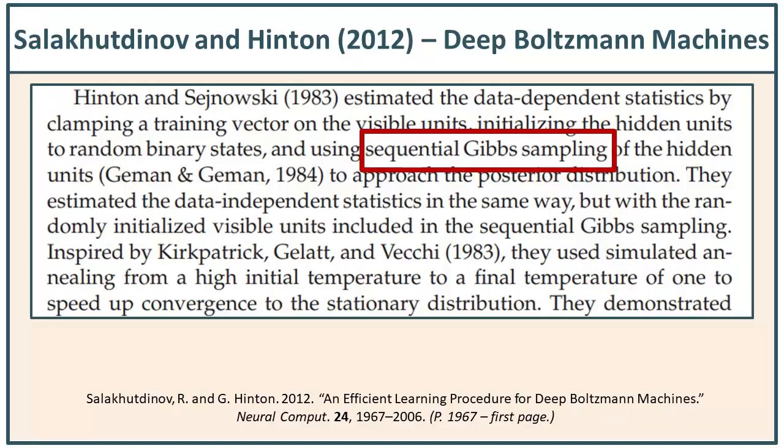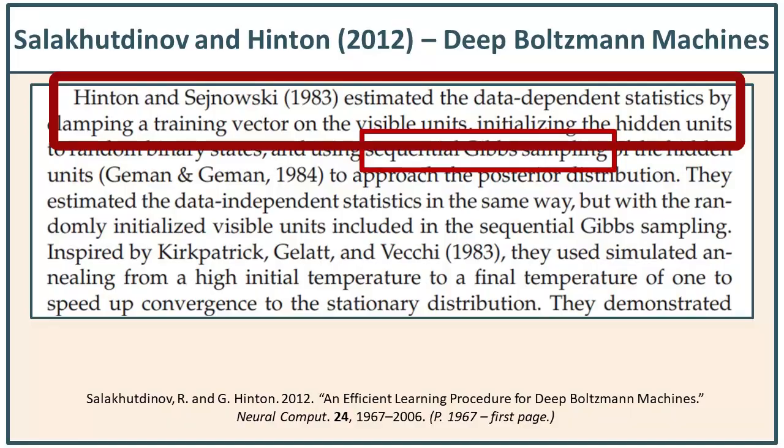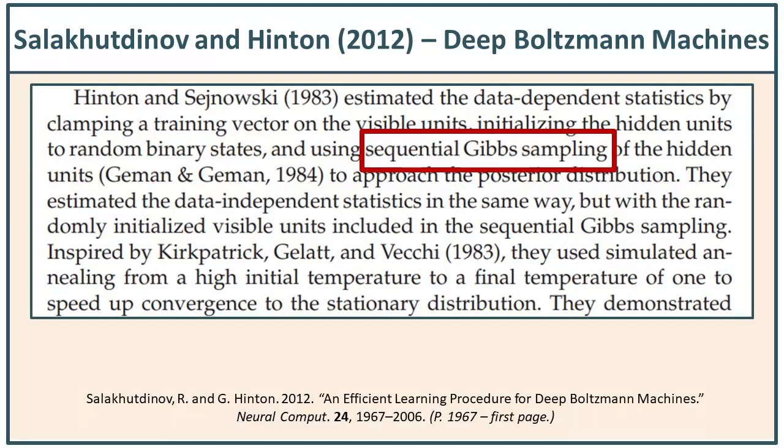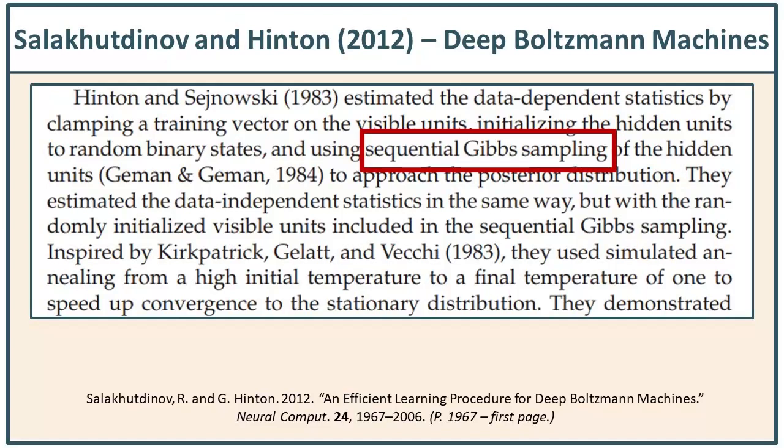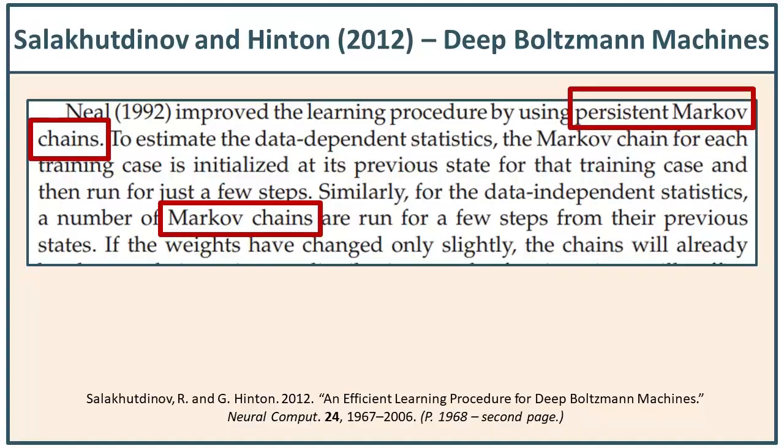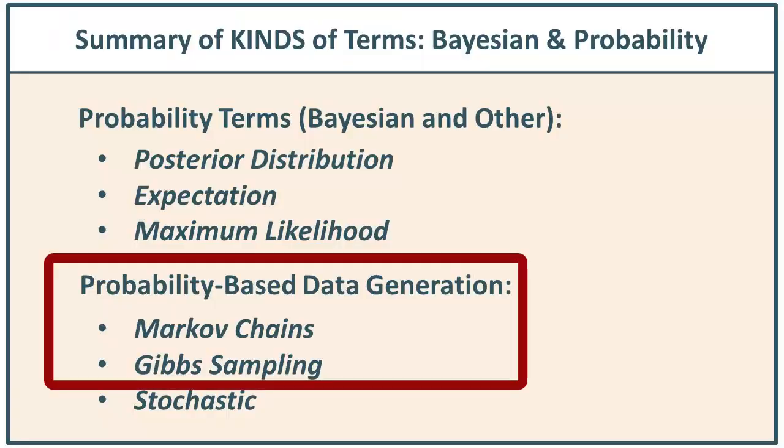The early Hinton and Sejnowski paper, 1983, that invented the Boltzmann machine, very important. Then some Gibbs sampling in 1984, that's Geman and Geman, very important. A little bit of Markov chain stuff that came in shortly thereafter. I'm looking for that now. Well, that's Neal, 1992. So you've got persistent Markov chains due to Neal, 1992. So Gibbs sampling, Markov chains, those are their own thing.